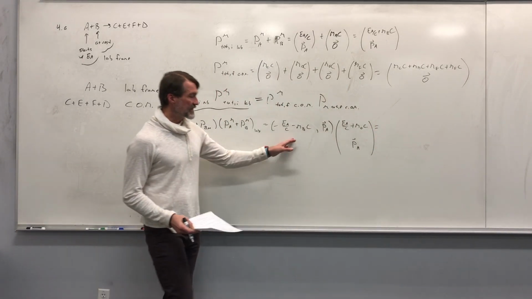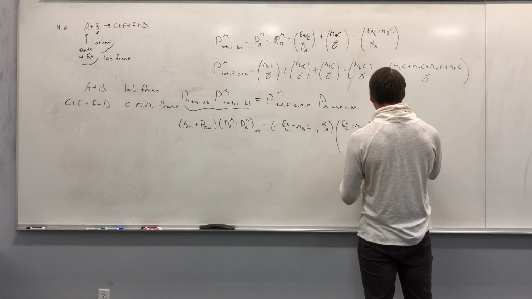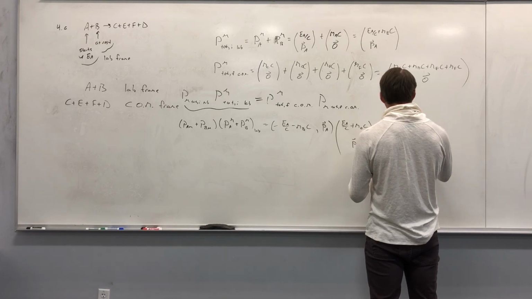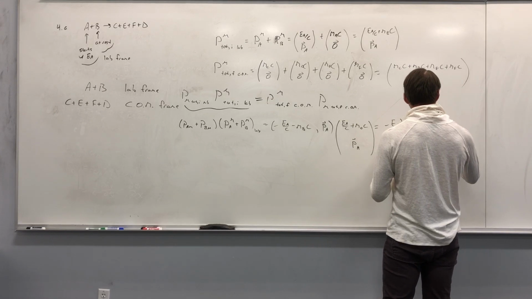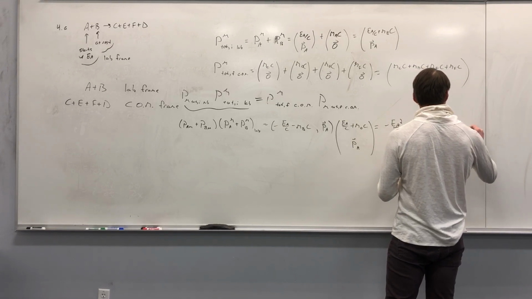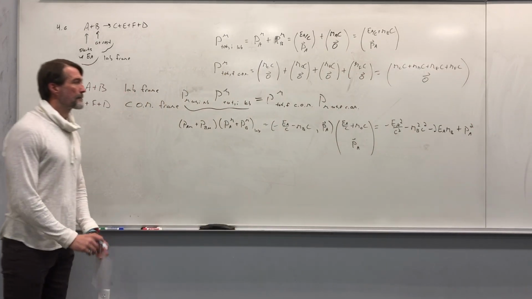And then we just multiply this out. And if we do that, we're going to end up with minus E_A squared over c squared minus m_B squared c squared minus 2E_A m_B plus p_A squared. Okay?